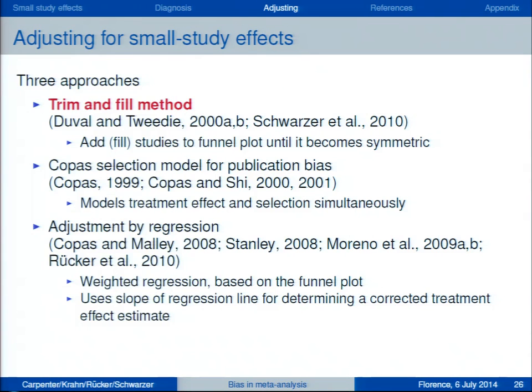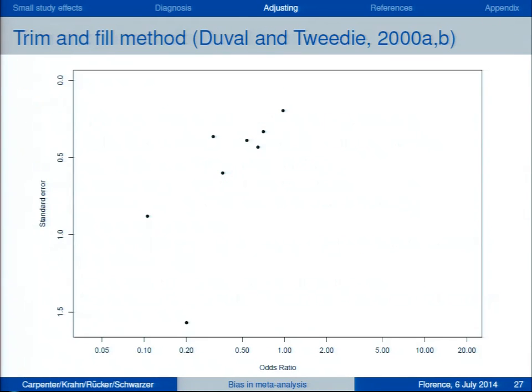So now, first, the trim and fill method. This is a visualization simply of the idea with some example. This is a funnel plot which is not symmetric, we would say, if we look at this. And the idea now is to identify, in the first step, outlier studies. So there's a procedure identifying outlier studies, and they are grayed out now.